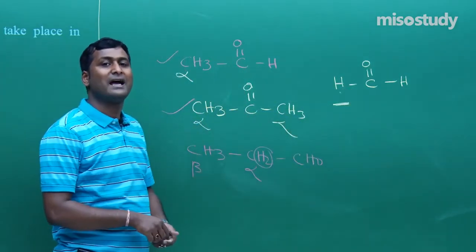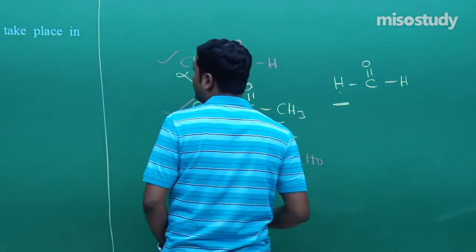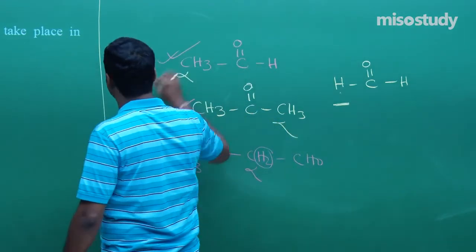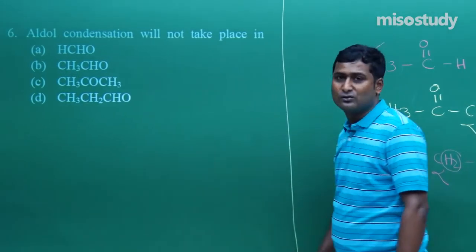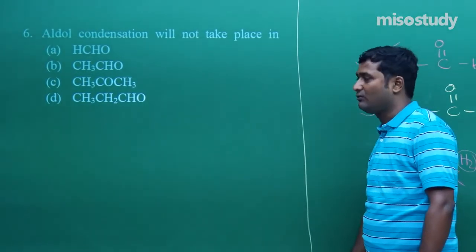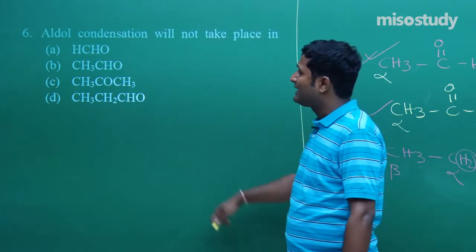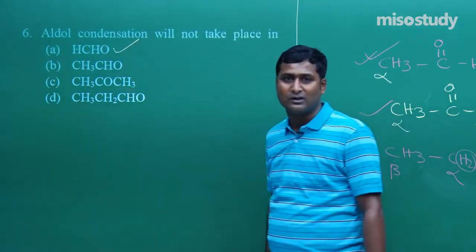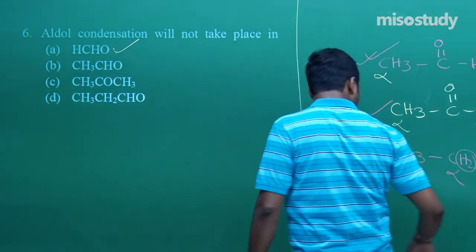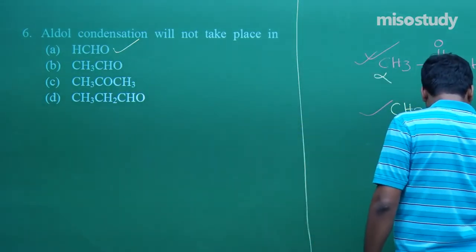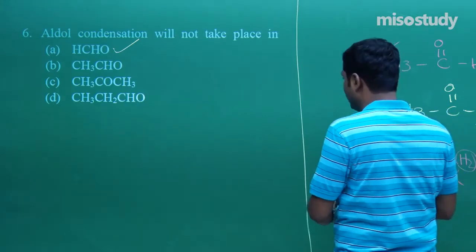So it does not have alpha hydrogen. So if it does not have any alpha hydrogen, it will not show aldol condensation. So for question number 6, A is the correct option. Clear? Now friend, I'm going to rub this part and we'll discuss the next one. Wait for a moment.